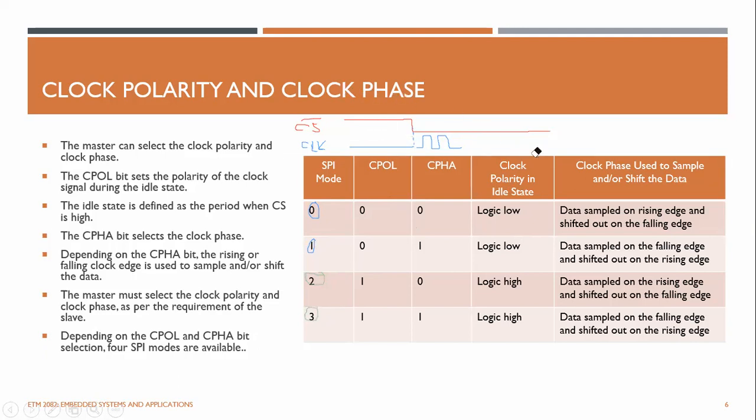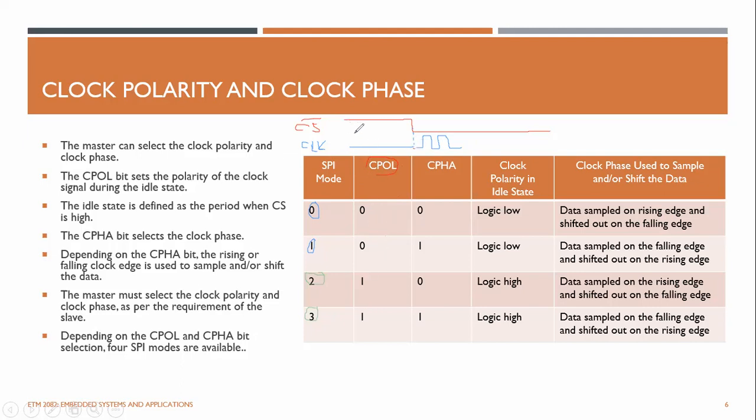And the clock phase is where you sample the data. The clock polarity is selected by the CPOL clock polarity bit. If it is 0, the initial voltage of the clock pin will be 0.